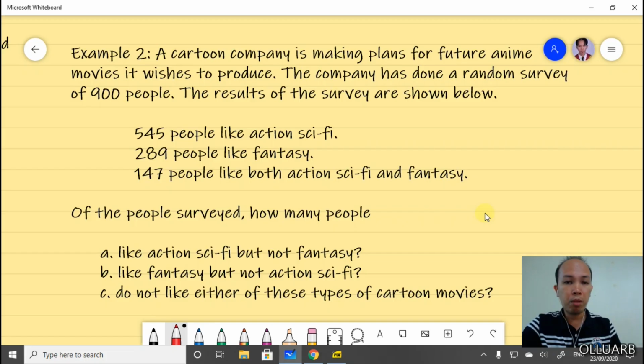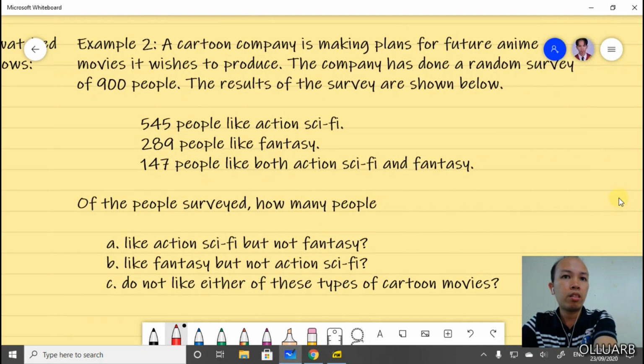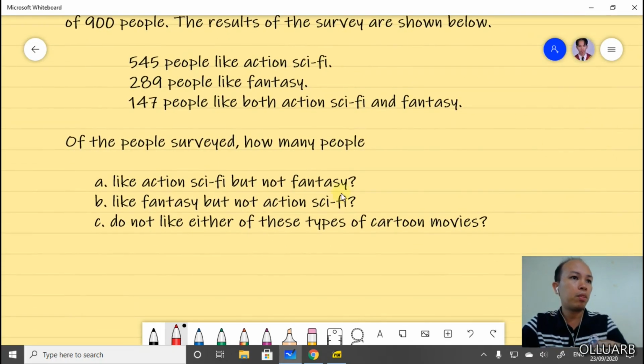Okay, so be careful with that one. Sometimes there are problems where you will use four sets, five sets, and so on and so forth. So be careful. Okay, so the question is, of the people surveyed, how many people like action sci-fi but not fantasy, like fantasy but not action sci-fi, do not like either of these types of cartoon movies?